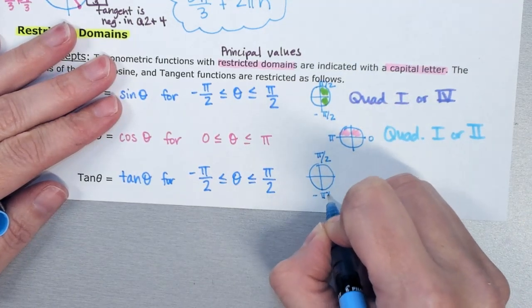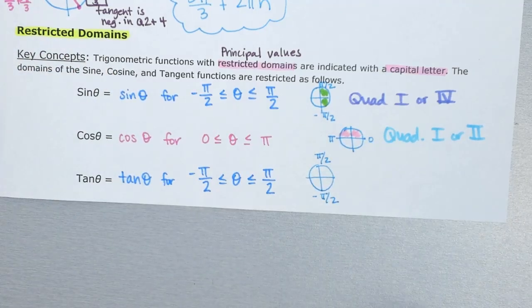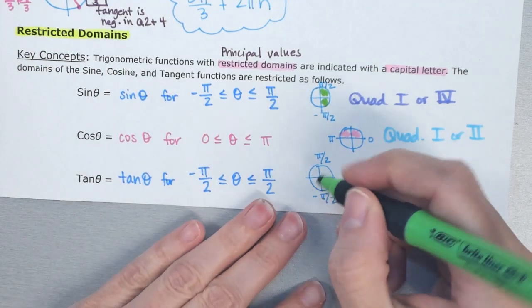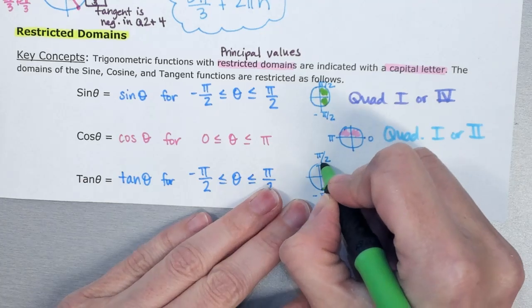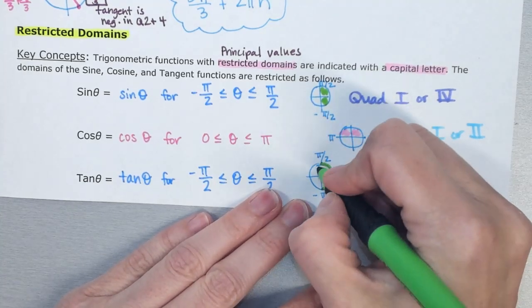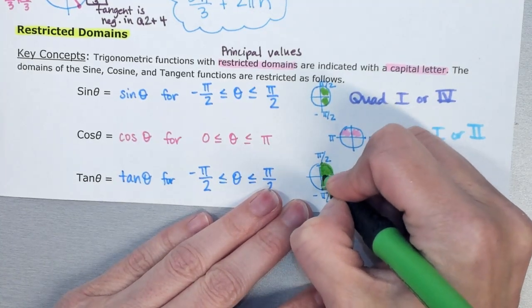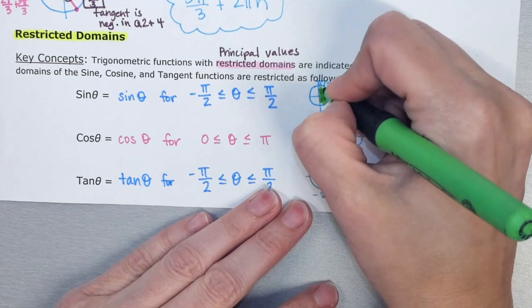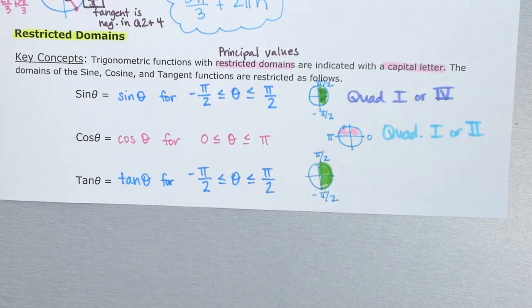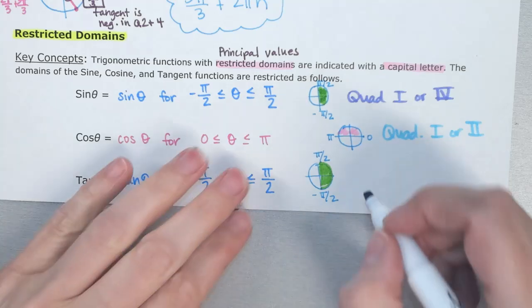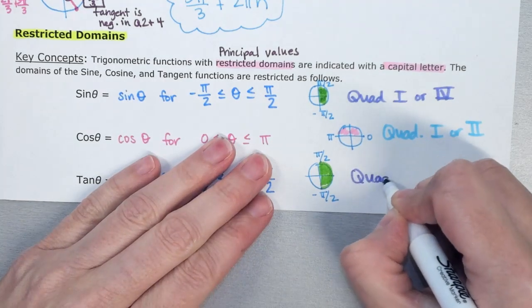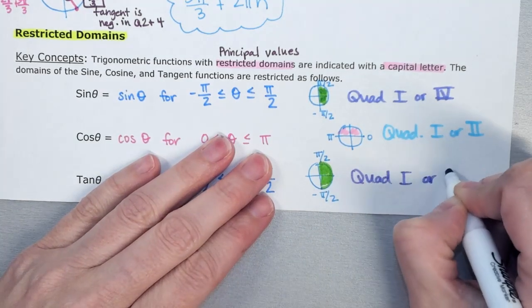Okay, so if you're going from negative pi over 2 to pi over 2, it's that part of the circle. That's why I'm shading in these two quadrants here. Okay, so it's quadrant 1 or 4.